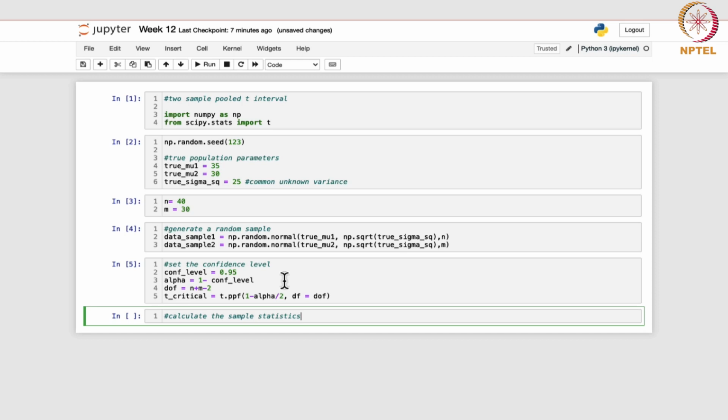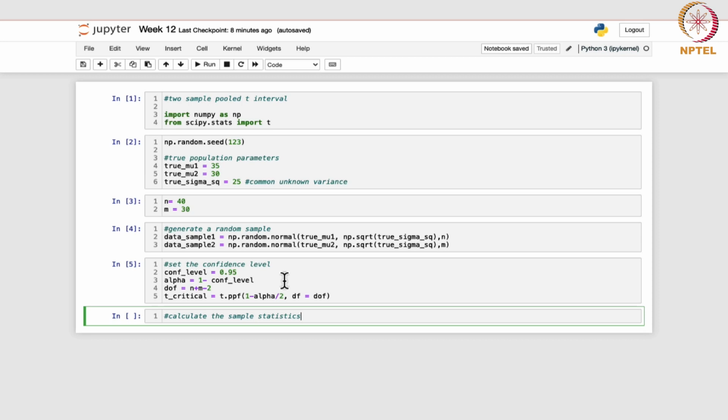Degrees of freedom is n plus m minus 2 because it is a two sample t test, and t_critical is the critical t value based on the confidence level and the degrees of freedom, and we will use this to determine the margin of error for the confidence interval.